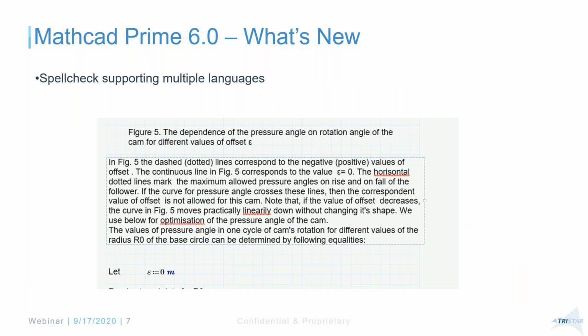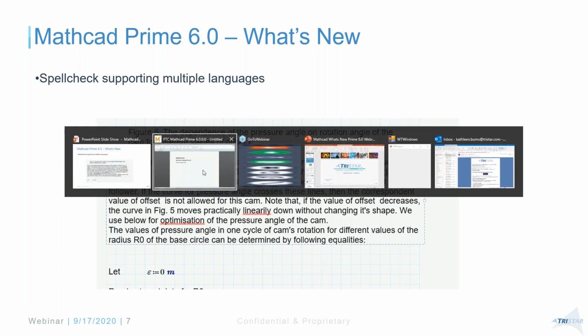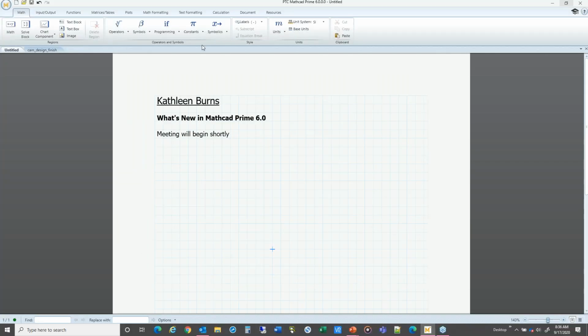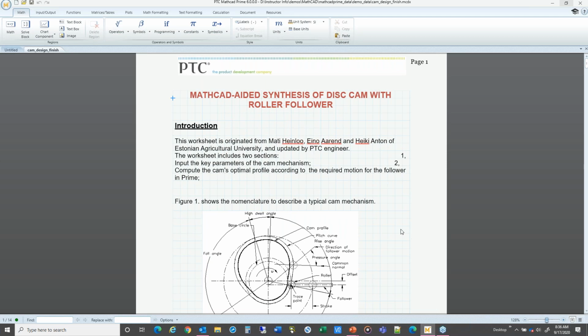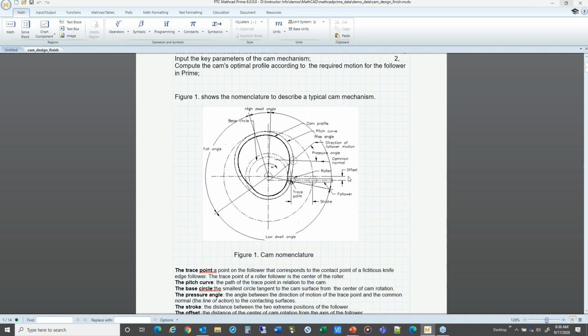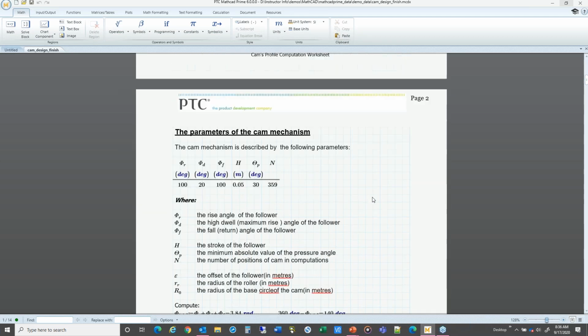Spellcheck. One of my favorite things that they introduced into Mathcad Prime 6. The last several versions, anytime I did a demo, I would always open up this CAM design finish document and just show you guys, look how well we can document our worksheets.